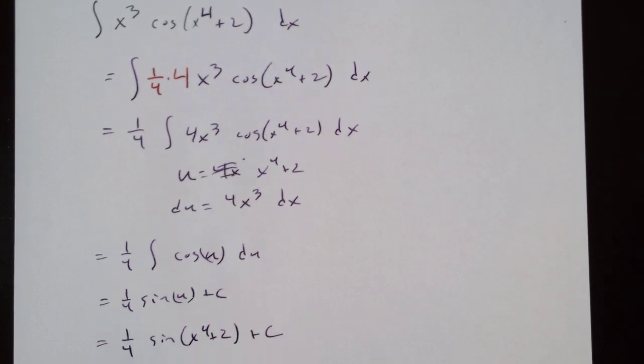So that's the exact same answer with the exception of that 1/4 floating around. Does it make sense? I multiplied in that 1, but I wrote the 1 in a funky way so I could get what I wanted.